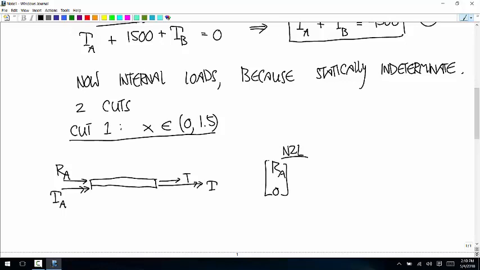You don't have to do this as vectors; you can just do scalar equations. So for all of the x's that this cut represents, T is equal to negative RA.